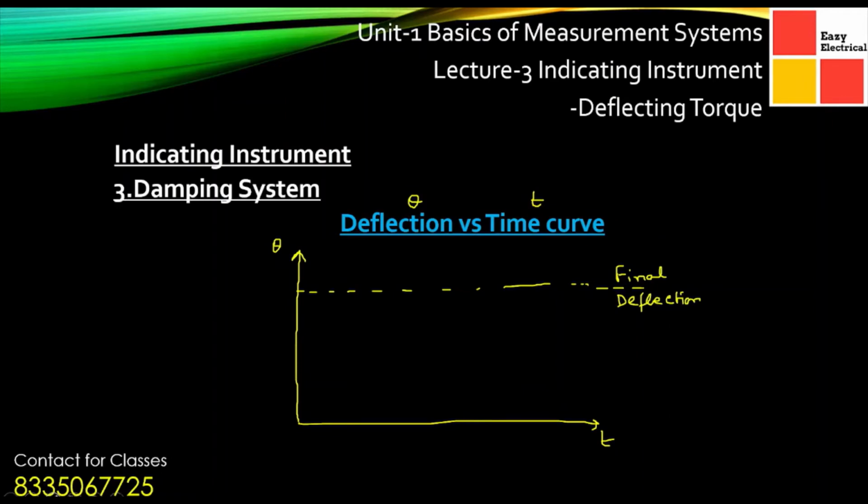One approach is that whenever a supply is given, we get the deflection then and there, without much waste of time, and reach the final deflected position. This is called critical damping.